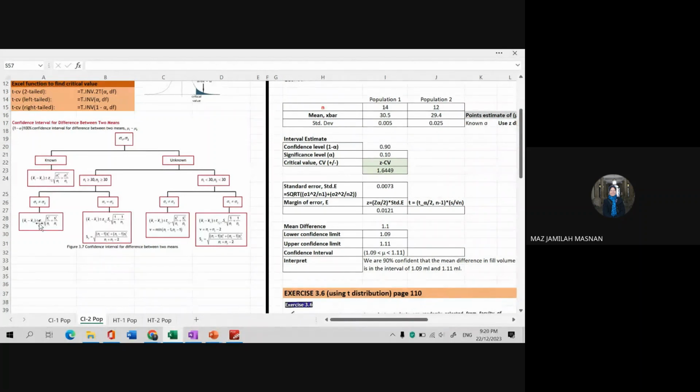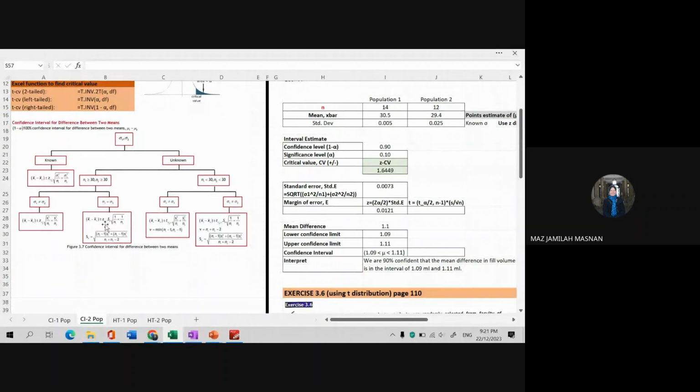That means the value will be provided to you. But we are not going to provide you the calculation, for example, square root of s1 squared over n1 plus s2 squared over n2. This will not be provided. We provide the standard deviation value and the sample size, so the calculation will go back to you.